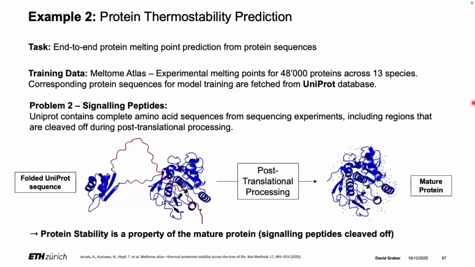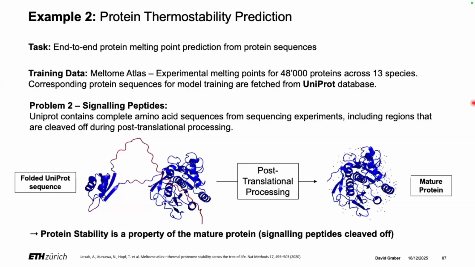And so the models that try to predict this take sequences and then try to predict a melting temperature for this protein. And the training data frequently used for this is the Meltome Atlas, which contains about 48,000 protein sequences from 13 species and the associated melting points.